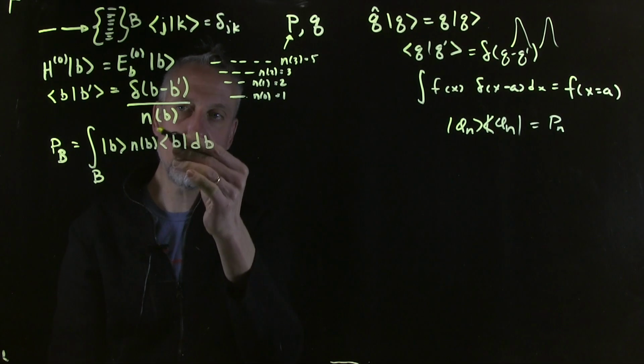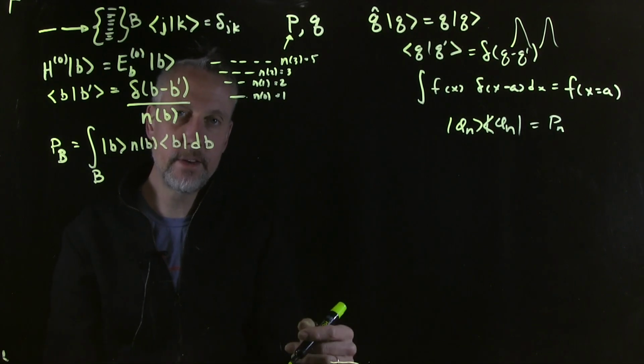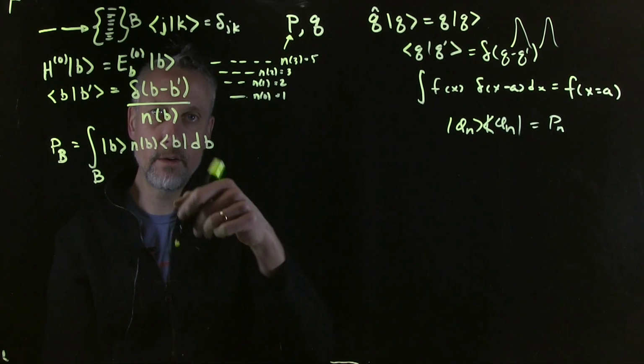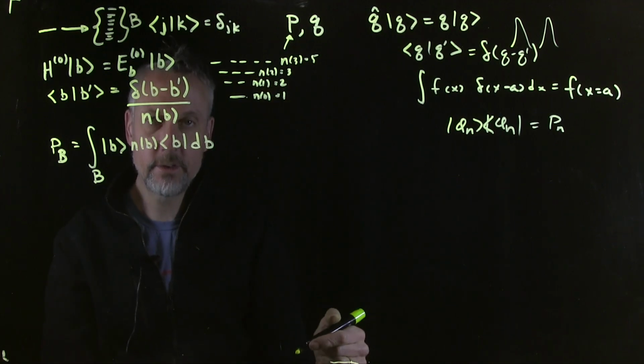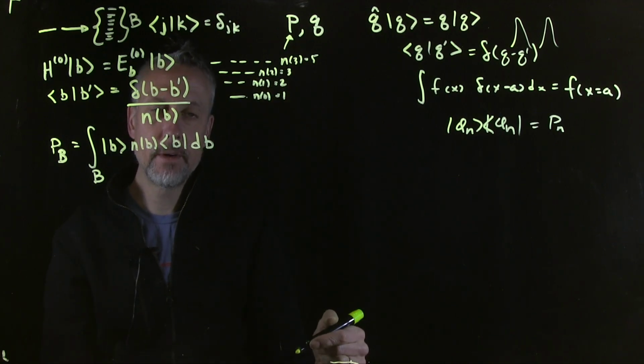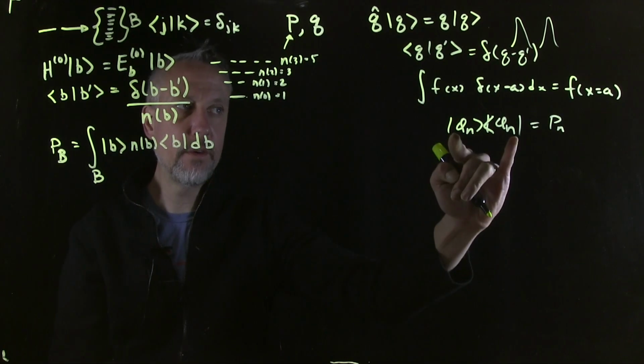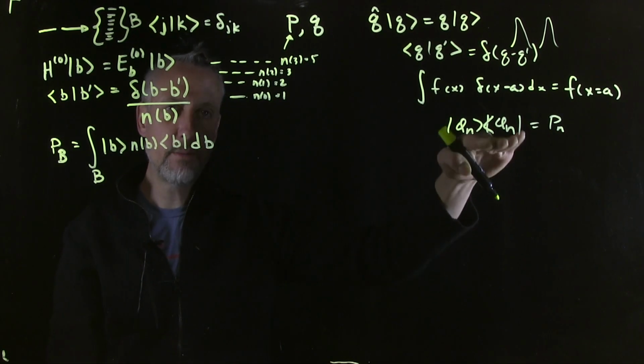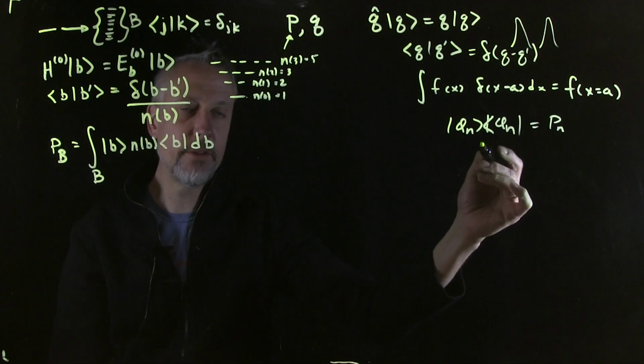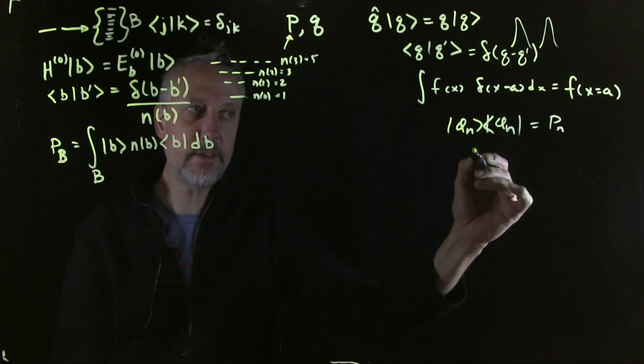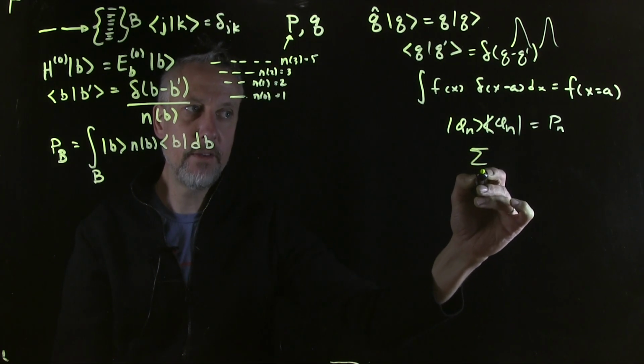Remember, B, the quantum number, is actually a continuous parameter now, so we can integrate over this continuous, essentially, function. All right, so it still looks like what we had before. If we wanted to have a projector onto a submanifold, for example, of discrete states, we could simply have done this, like this.